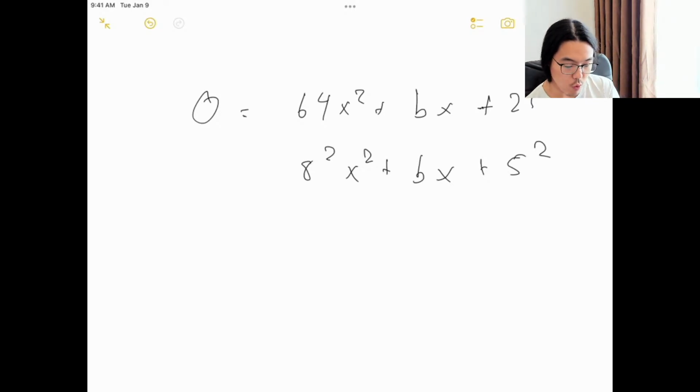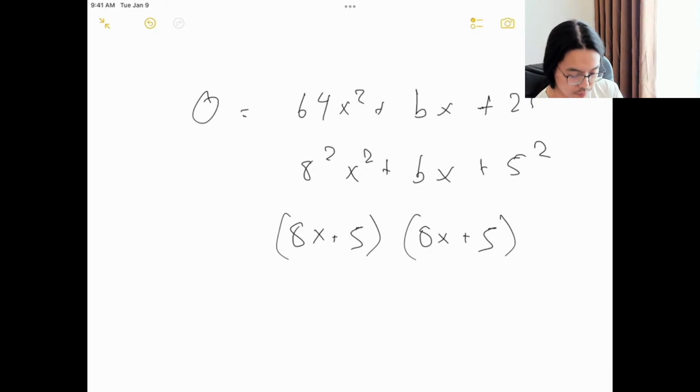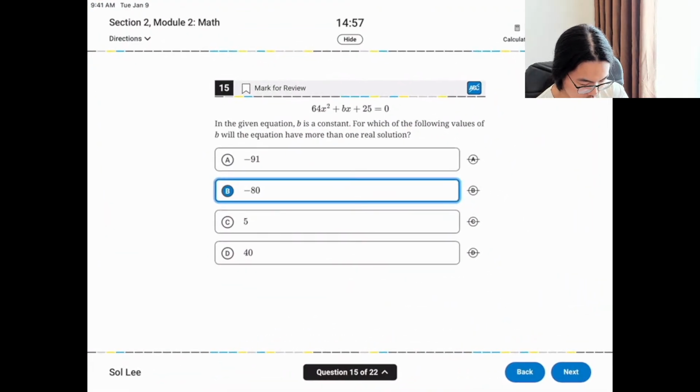So what we need to avoid is the thing that makes this very obvious, like 8x plus 5. That would normally lead to what? 40 plus 40 is 80. So as long as we're avoiding 80, I think we're good, right?